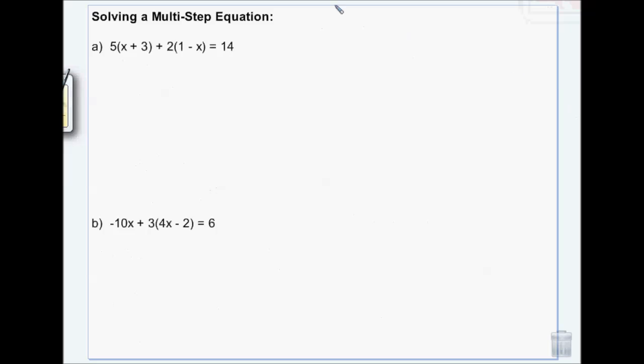All right, step 1 will always be distribute if necessary. Okay, we've got 2 distributions. So I get 5x plus 15 plus 2 minus 2x equals 14.